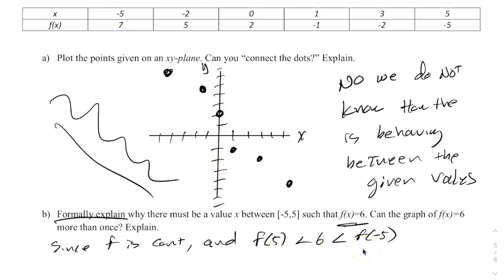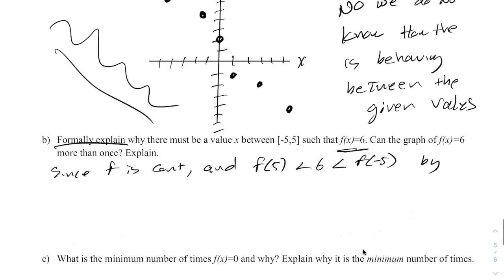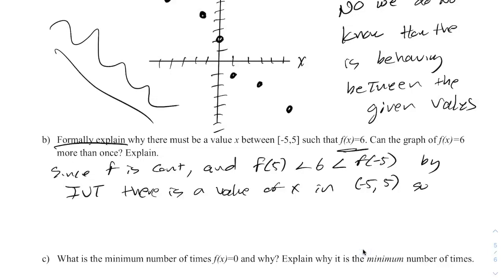So we could say by IVT, there is a value of x in negative 5, 5 such that f of x equals 6.